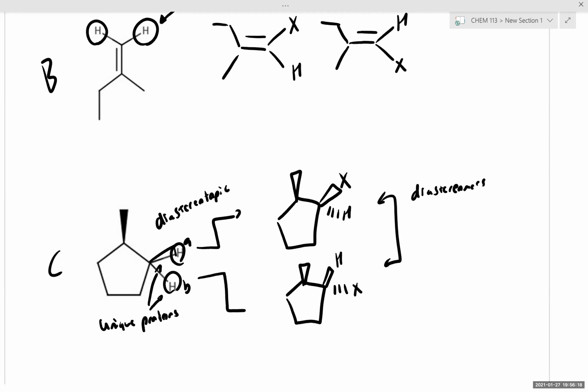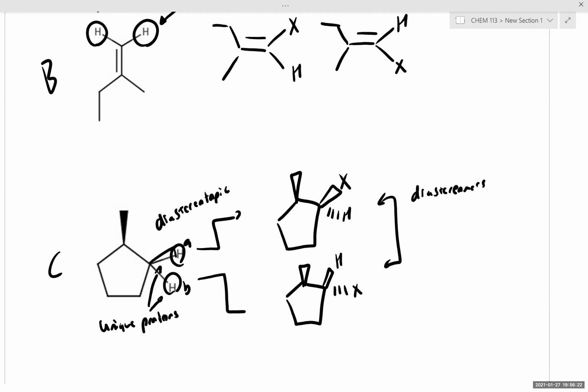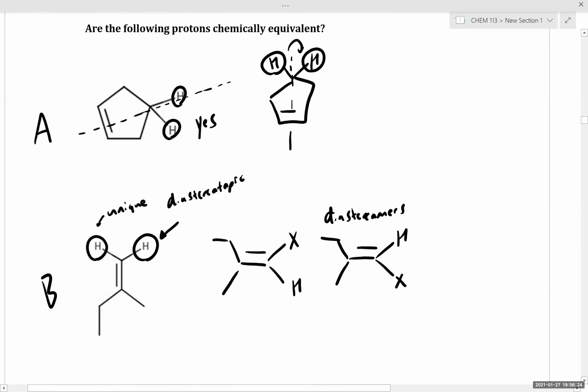Professor, I have a question. So for example A, how come we didn't do the little wedge and the little line for that one? Because there's no other chiral center in the molecule. And because there's no other chiral center, the molecule is perfectly symmetrical, even after substitution. Oh, okay.